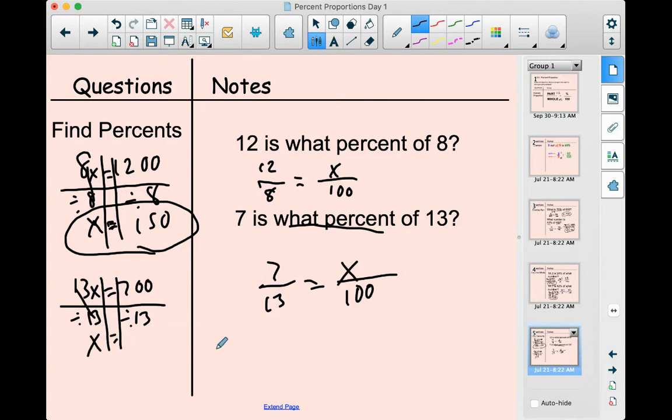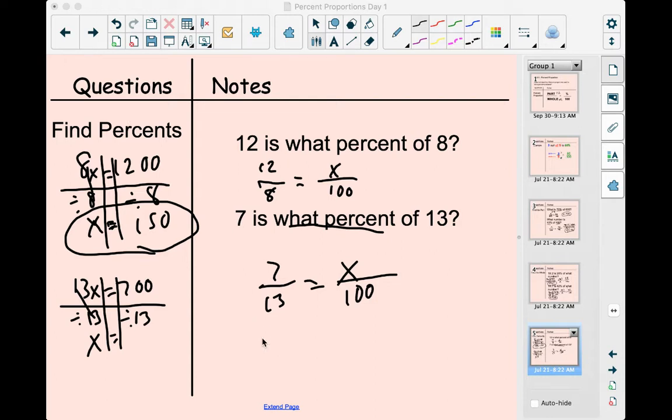And I get what 700 divided by 13 is going to be, an ugly number. That's 53.84615, and it keeps going. So I'm going to round it to at least one decimal point. The first decimal point is an 8 with a 4 after it, so that rounds down.